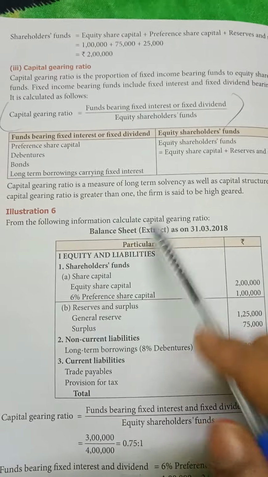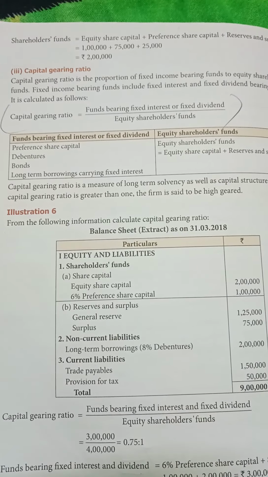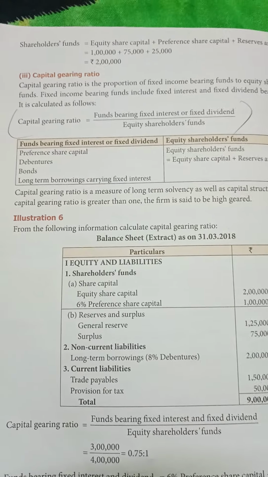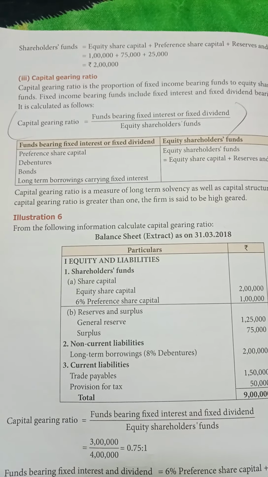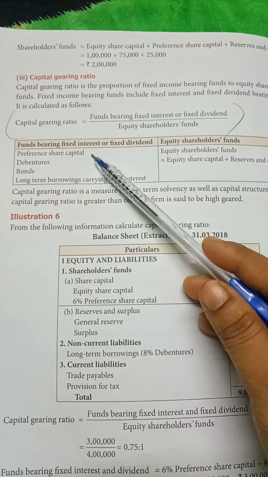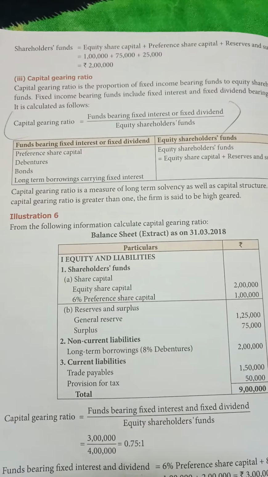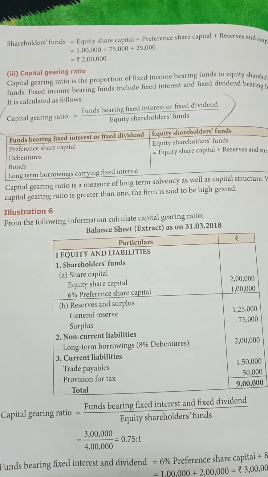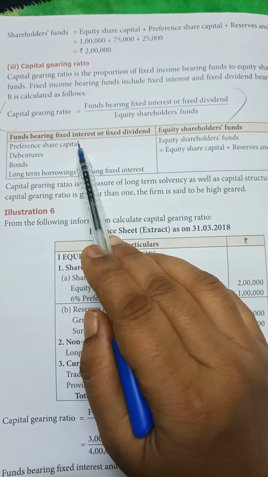Now, funds bearing fixed interest or fixed dividend. What are the funds which will have a certain percentage of interest or dividend? Normally share capital means we'll be paying dividend. Preference share capital will always have a percentage of dividend to be paid to the shareholders, so that has a fixed dividend.